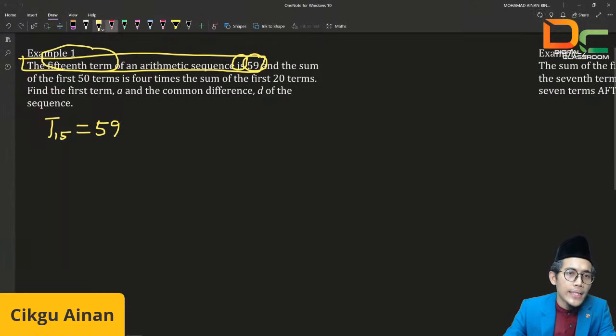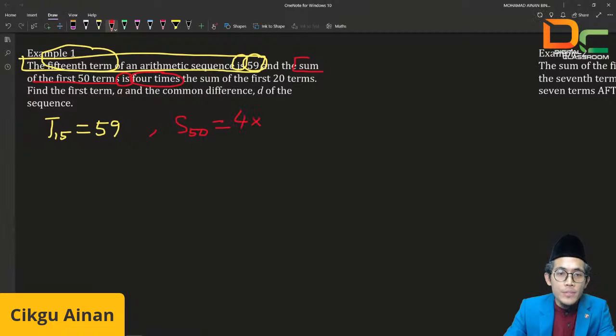And then next, the sum. This one is important. The sum of the first 50 terms is equal sign 4 times. 4 times what?